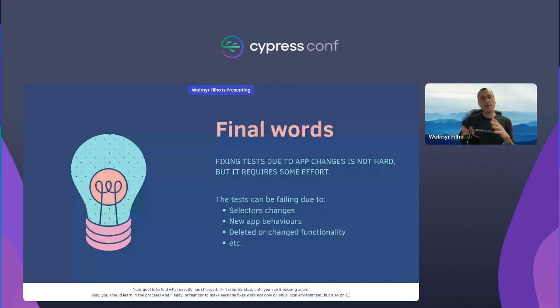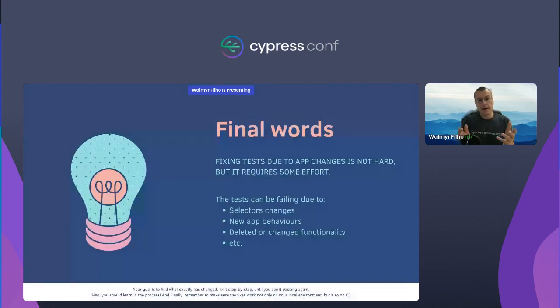Also, because the app has changed, you should learn in the process. You should learn what has changed, what new functionality was introduced, which functionality has been deleted, which functionality has been updated, and so on and so forth.